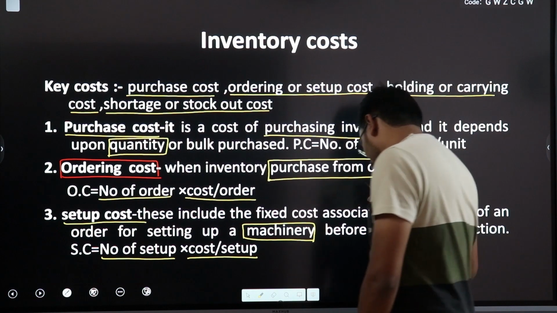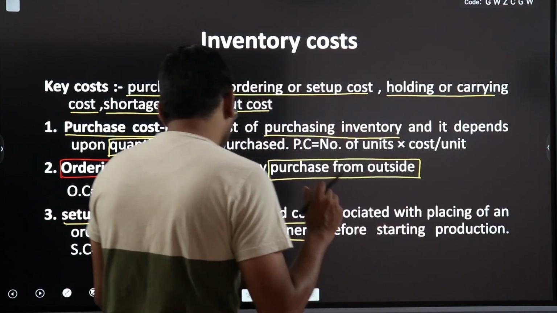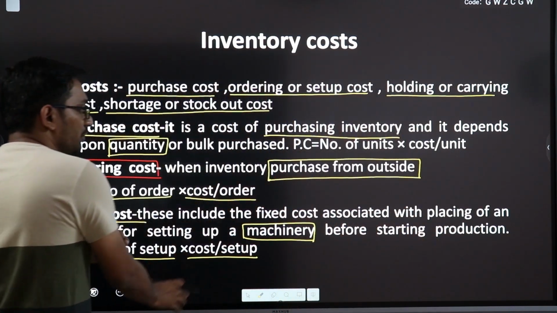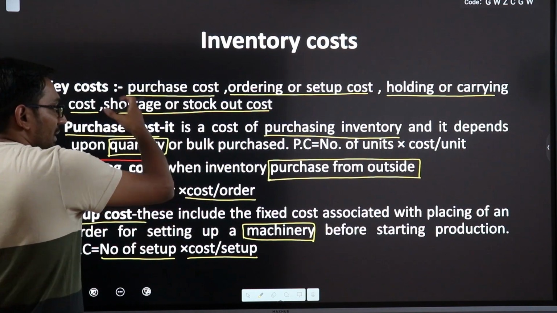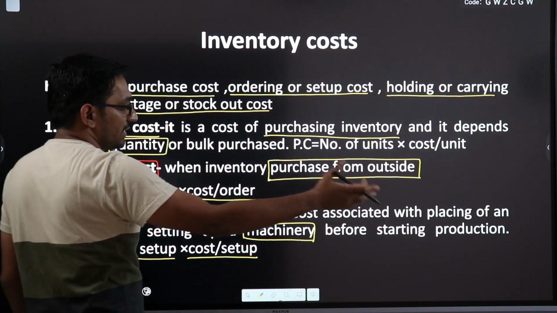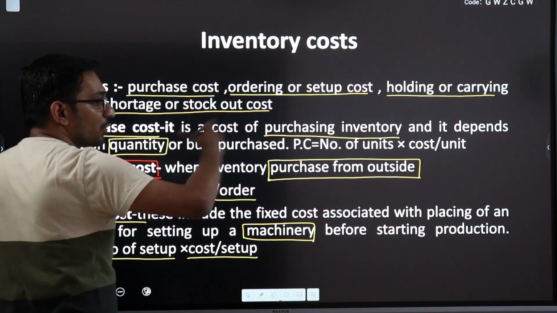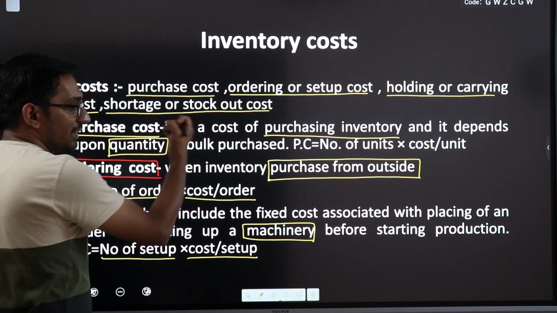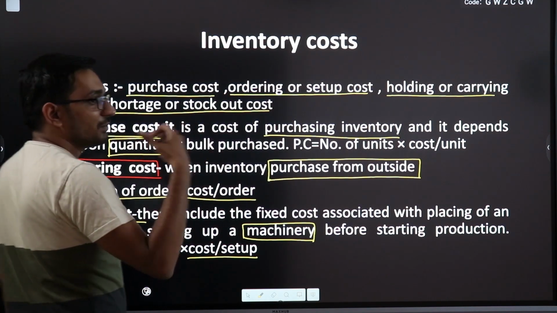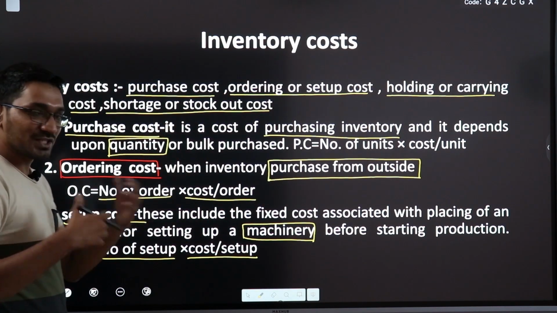Then the transportation cost. The inventory which is coming from one industry to the other, you can bring that raw material with the help of some trucks, some transportation mechanism.